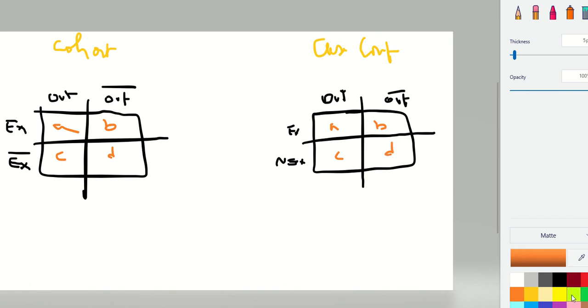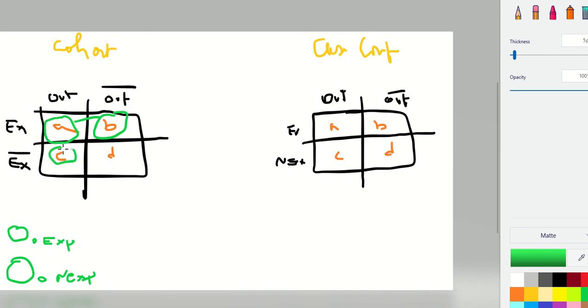All right, so what we calculated in the cohort was the odds of the outcome to no outcome in the exposed. So we calculated the odds of the outcome among the exposed, and we also calculated the odds of the outcome among the not exposed.